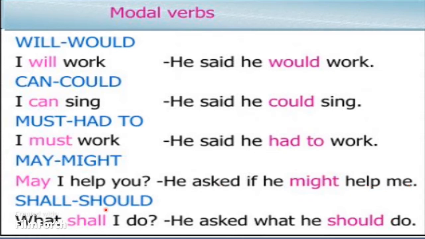Shall becomes should. "What shall I do?" he asked. Now here someone is asking you a question. So in such direct speeches where there is an interrogative statement, you will say he asked what he should do. Children, just remember these rules very well and it becomes very easy.